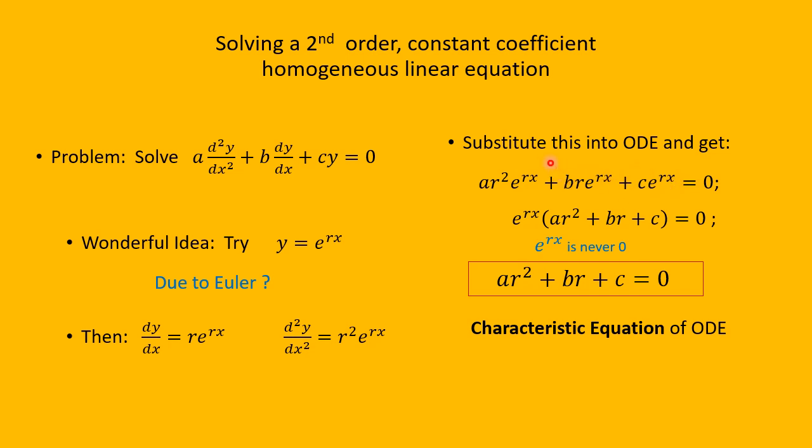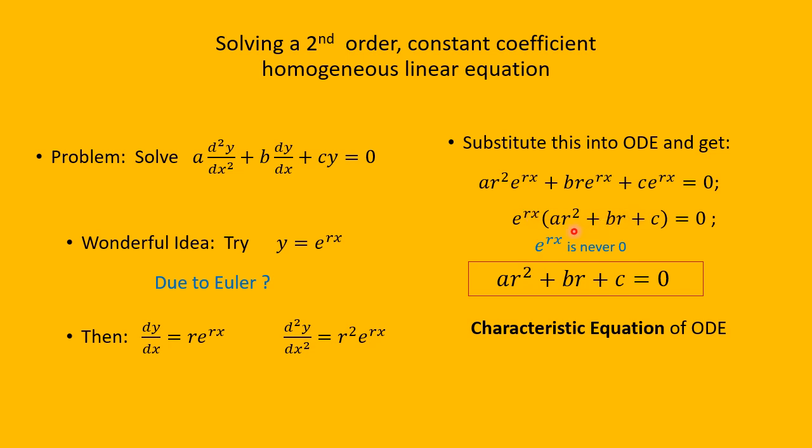Well, if you look at this, every single term has a factor of e to the rx in it. Let's factor that out. So we have e to the rx times the quantity ar squared plus br plus c equals 0. Well, e to the rx is never 0. E to any real power is not going to be 0 ever.